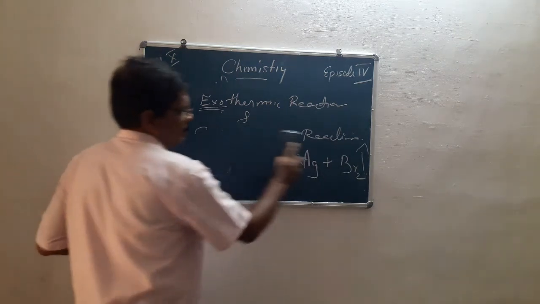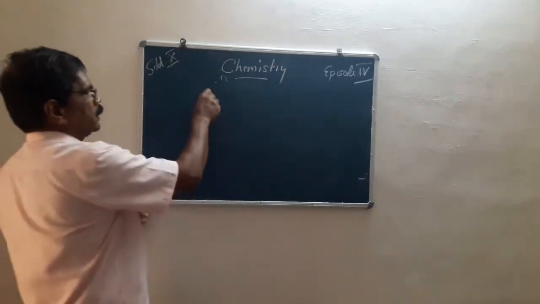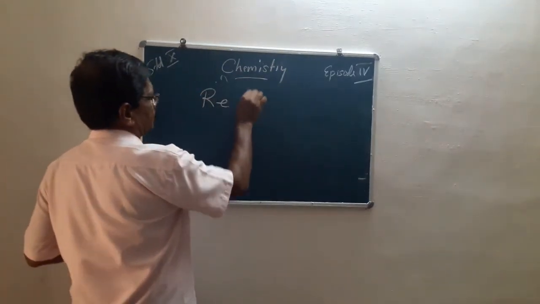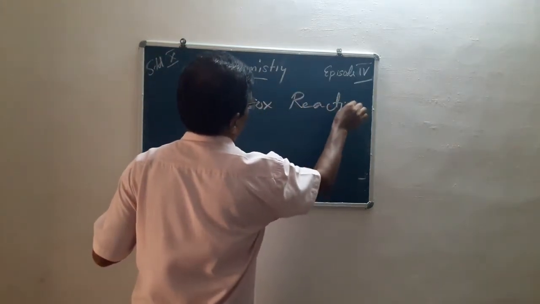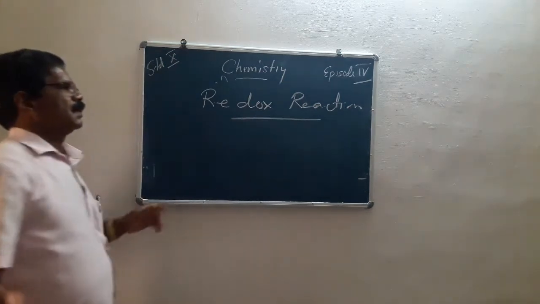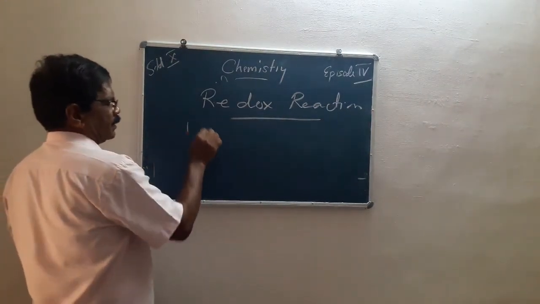Then it goes to the next reaction, redox reactions. It is a combination of two types of reaction. One, oxidation reaction.